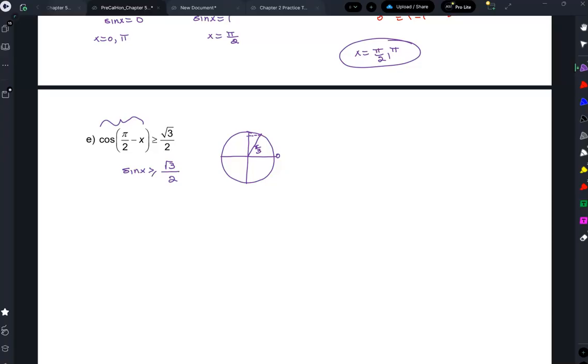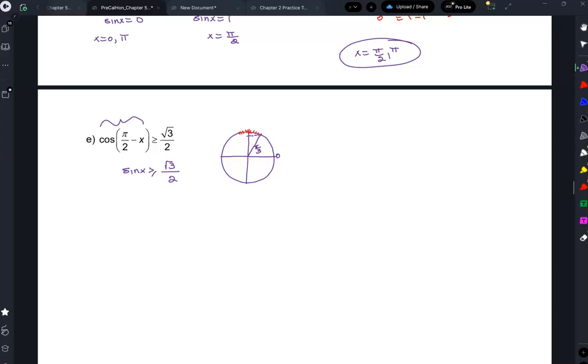Now, if I keep moving along, are the y values getting bigger or smaller? The y values are getting bigger until 1. Now the y values are getting smaller, but at this point in the red, in the second quadrant, are they still bigger than root 3 over 2?